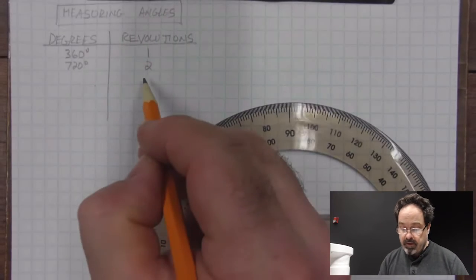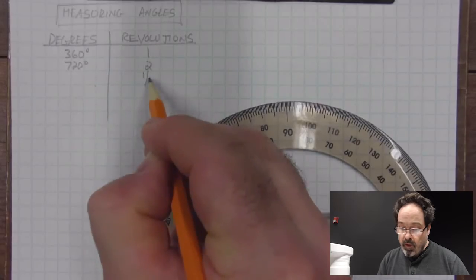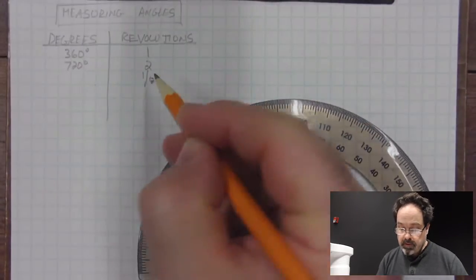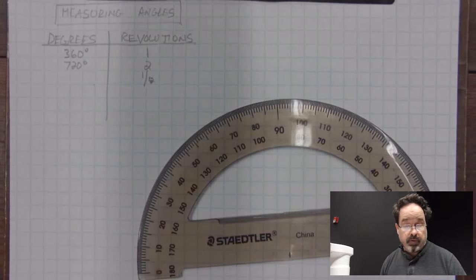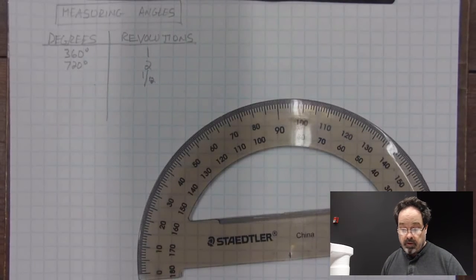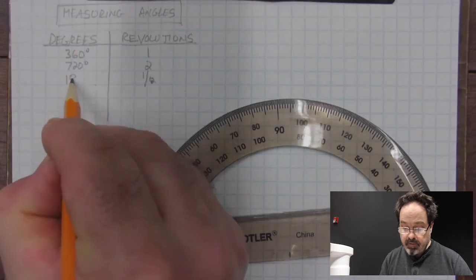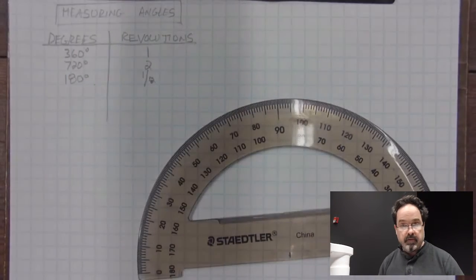So if we go only 1/2 revolution, that's half of a full turn, or if one circle represented 360 degrees, 1/2 revolution would be half of a circle. Half of 360 is 180 degrees.